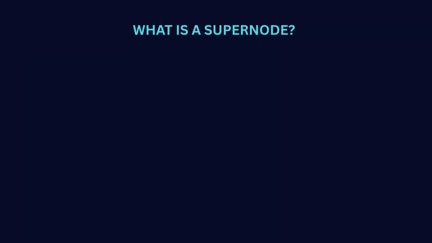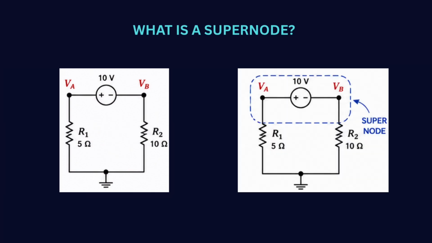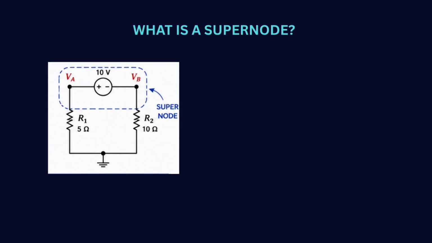What is a supernode? Sometimes a voltage source is connected directly between two non-reference nodes. In this situation, we cannot directly write the current through the voltage source because its current is unknown. Instead, we combine the two nodes into a single larger node. This is called a supernode. Then, instead of writing KCL at each individual node, we apply KCL to the entire supernode.